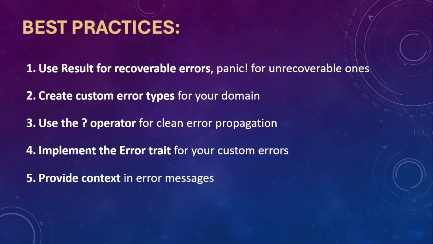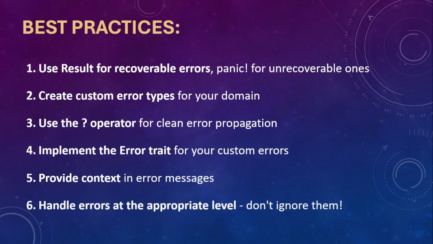Provide context in your error messages so that it is useful in debugging, and handle errors at the appropriate levels so that each of the error cases can be handled properly without disrupting your application execution.